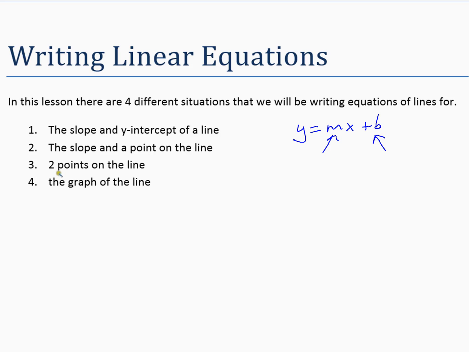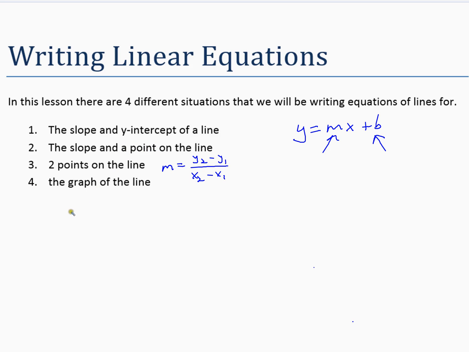The next one is you have 2 points on a line. Well, you can use 2 points to find the slope because we remember that slope is y sub 2 minus y sub 1 over x sub 2 minus x sub 1, and we'll see that formula a few times. So we'll use that formula, and then once we know the slope, we'll have the slope and a point, so it will kind of be like situation 2.